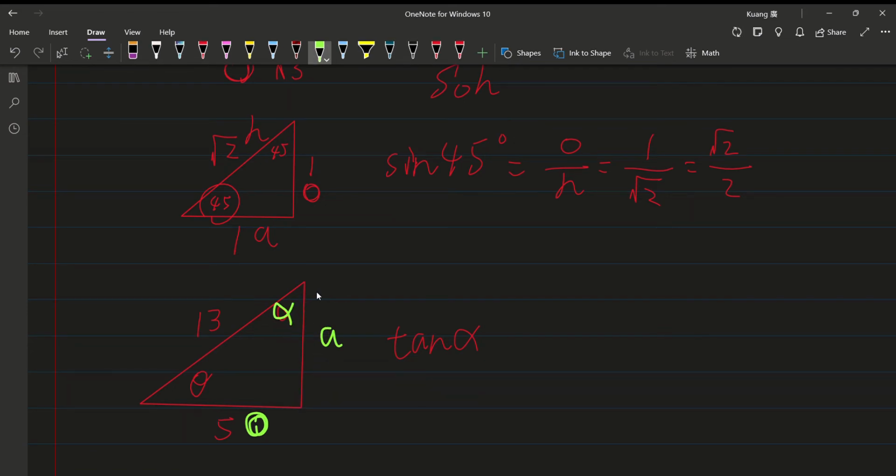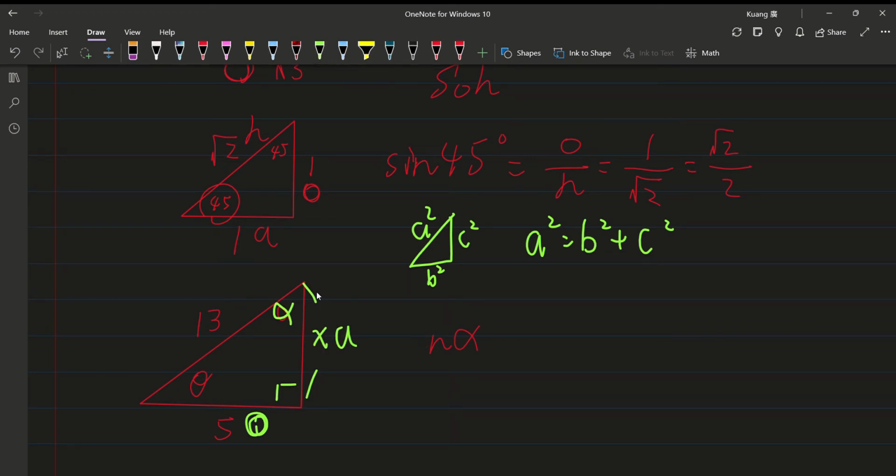However, we can use Pythagoras. In any right triangle, the longest side squared equals the sum of the other two sides squared, which is a squared equals b squared plus c squared. So in this triangle, we don't know the length, so we call the adjacent side x.